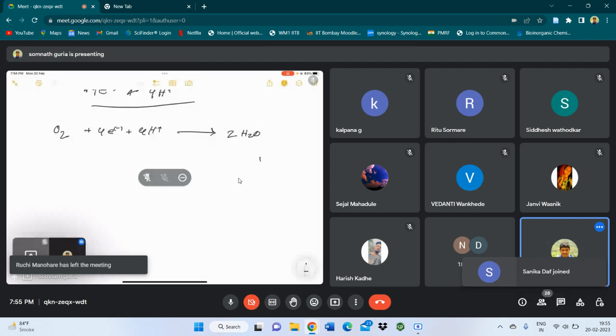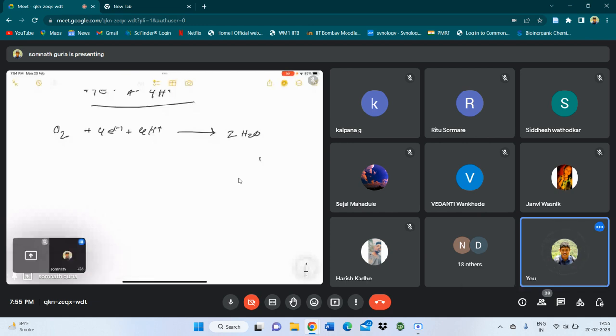But this only happens in thermodynamics, as well as in some enzymes that can do that. Here cytochrome C oxidase is also doing the same thing. Now the question is, if the electron transfer is not by 4 electrons, but by 1 electron or 2 electrons or 3 electrons, what will happen then?